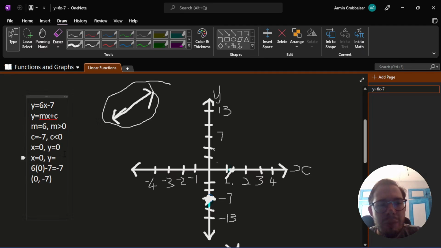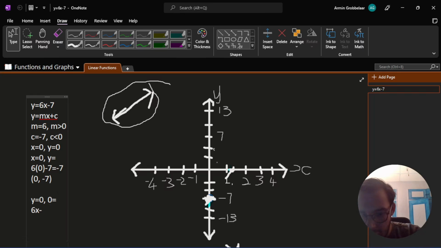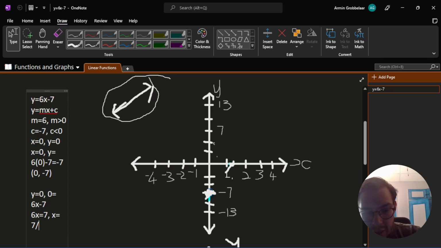Then for our second point, we set y equal to 0. So 0 is equal to 6x minus 7. So 6x is equal to 7, which means x is equal to 7 divided by 6.